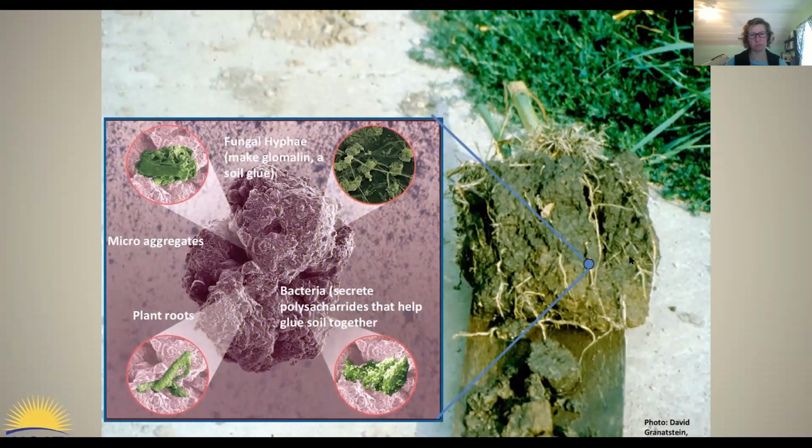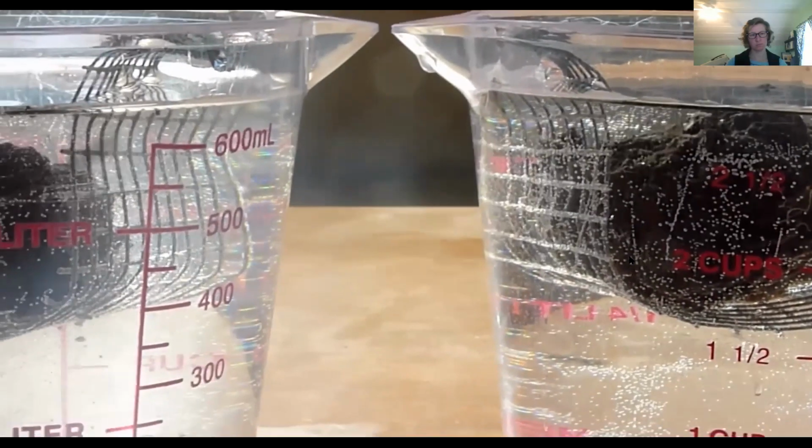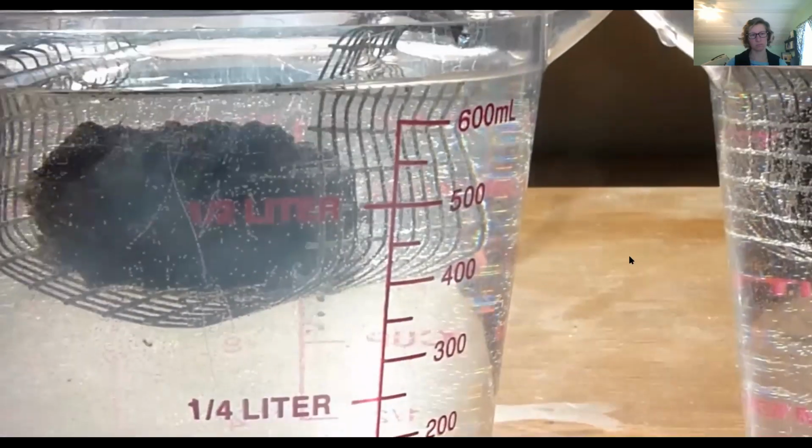The soil with the root ball on the right resisted washing away due to the presence of soil glues, which were present due to the farmer providing food in the form of manures and cover crops to the soil ecology. The situation shown here is similar to the corn root ball example.